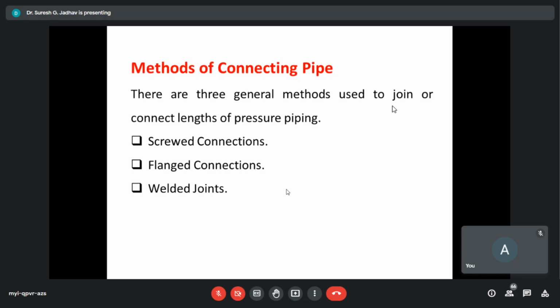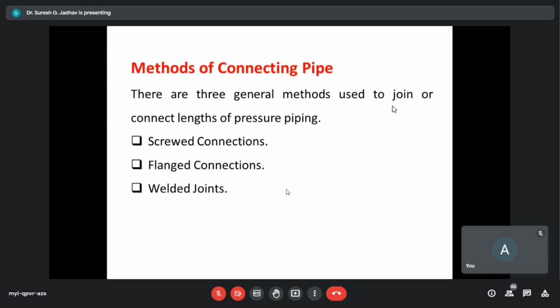Now, next advantage over the use of screw connection or flange connection. Here, weight of the piping system is reduced due to the elimination of connecting flanges or fittings. Another advantage of welded connections is that we can reduce weight due to the elimination of connecting flanges or fittings.